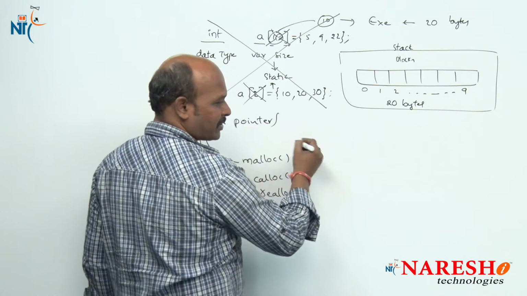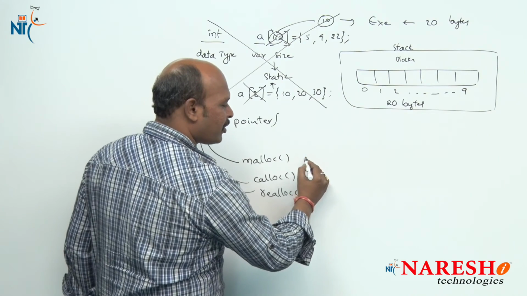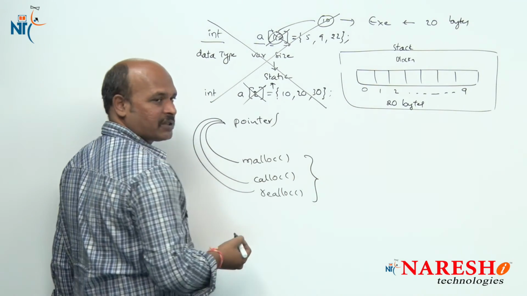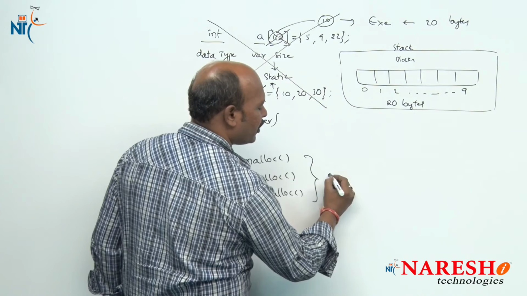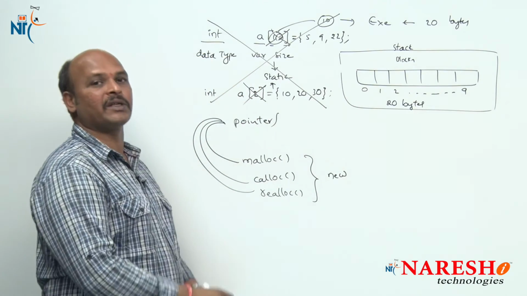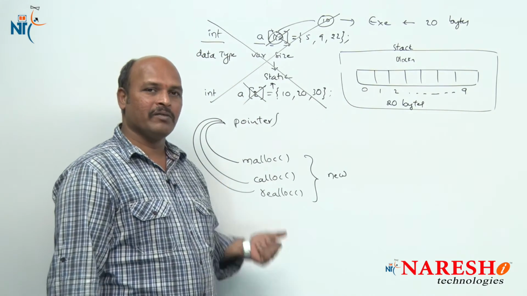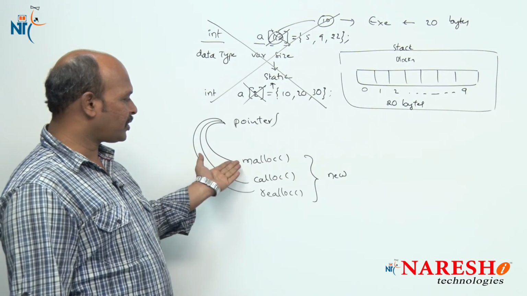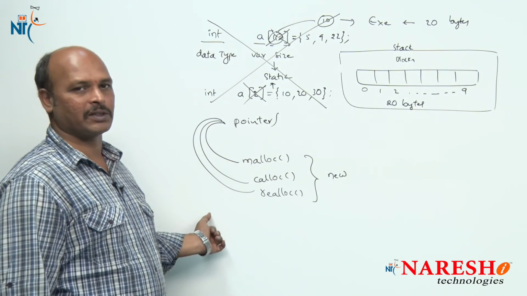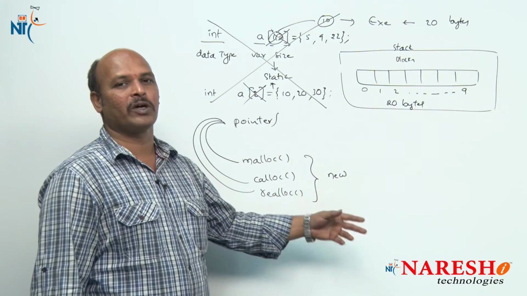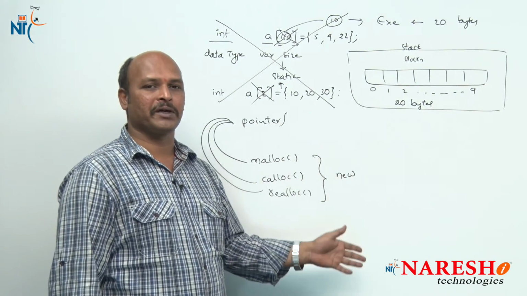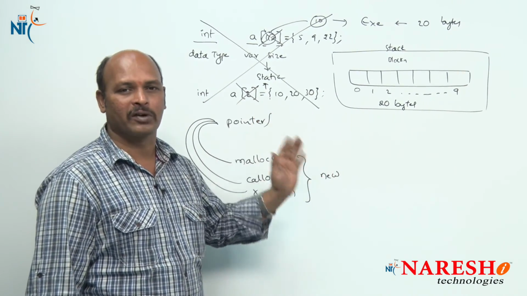In C++, instead of all these functions they have given one operator called new. That is the difference. In C language for dynamic memory allocation we use the malloc, calloc, realloc functions, but in C++ we use the new operator.